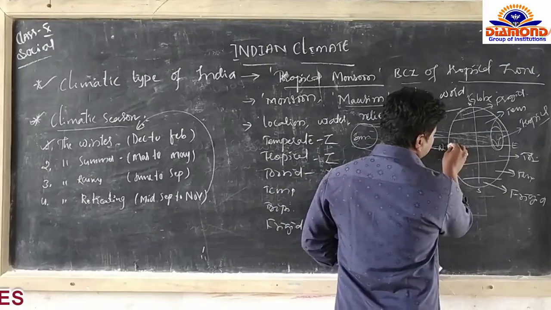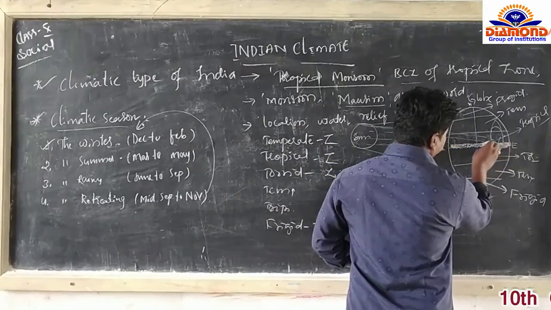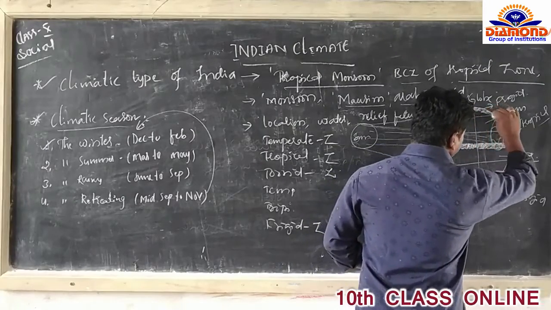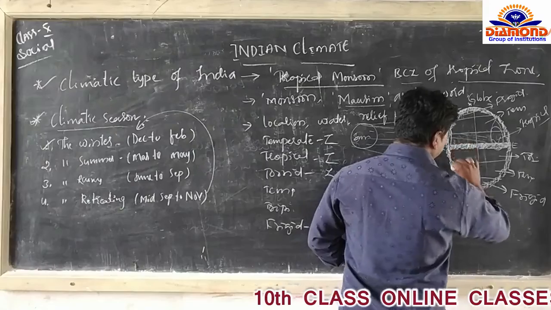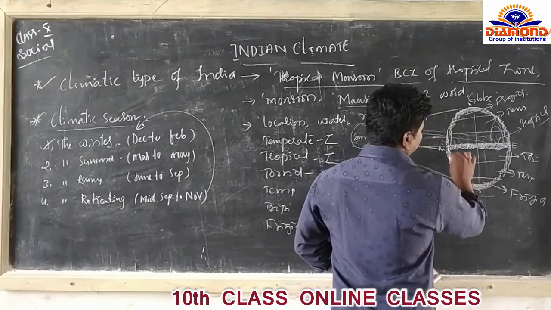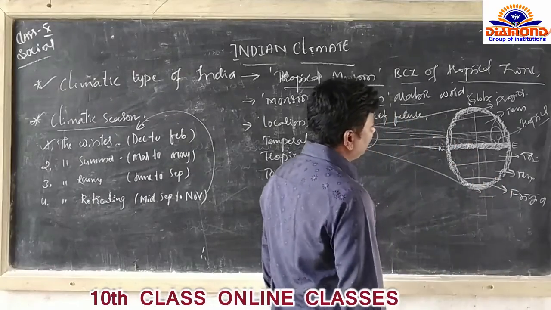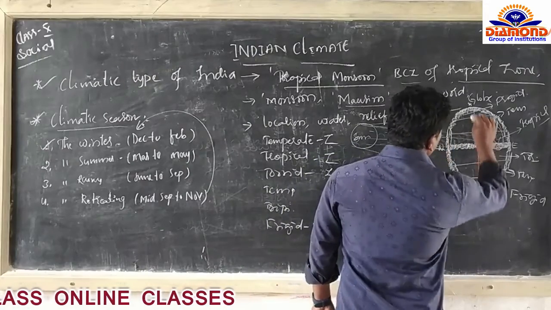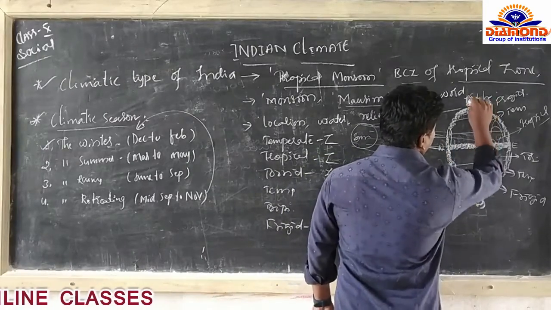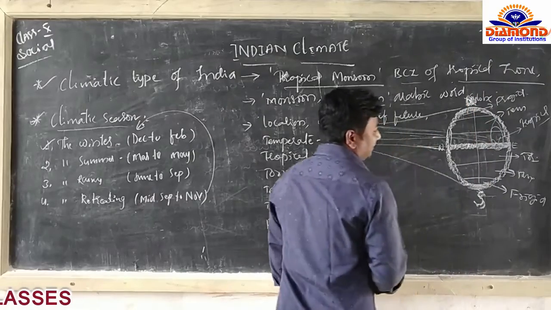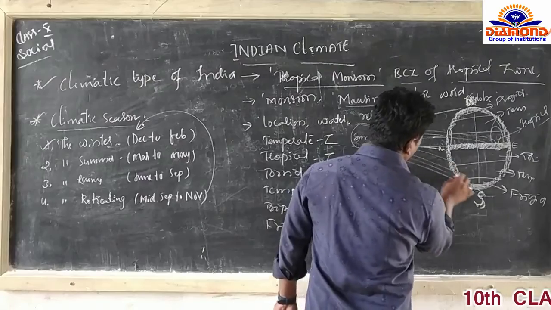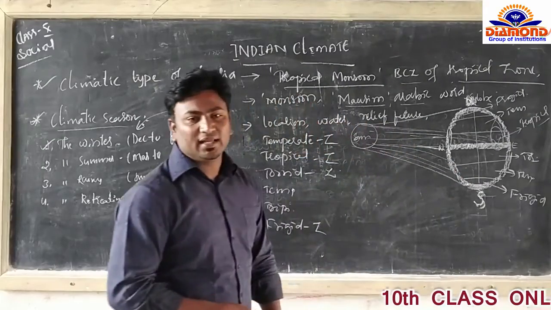So let's consider, this is Earth. We call this the south hemisphere, and this is the north hemisphere. At this part, the rays of the sun are falling vertically.